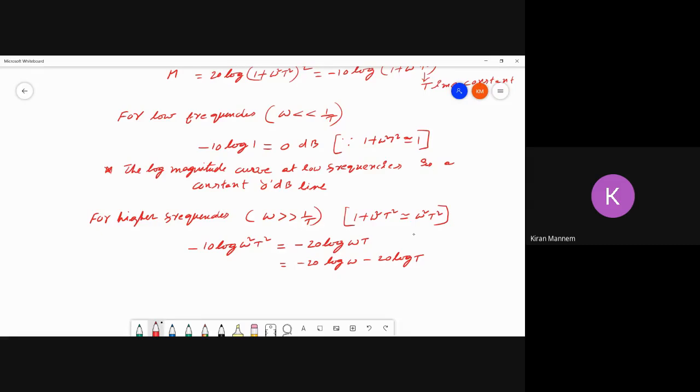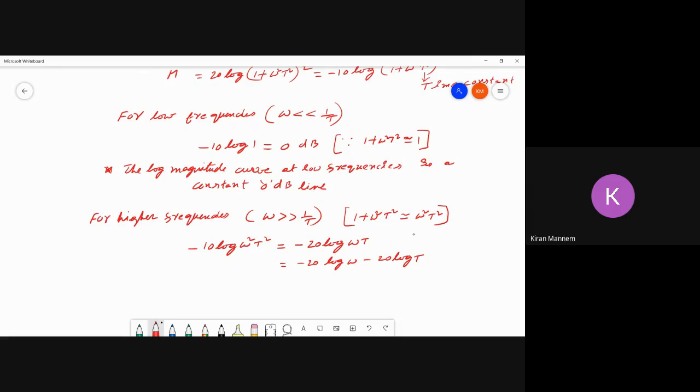Then we can definitely say this one is a decaying magnitude. So that would be minus 20 dB per decade. So I can say this is minus 20 dB per decade, and of course some subtraction is there.